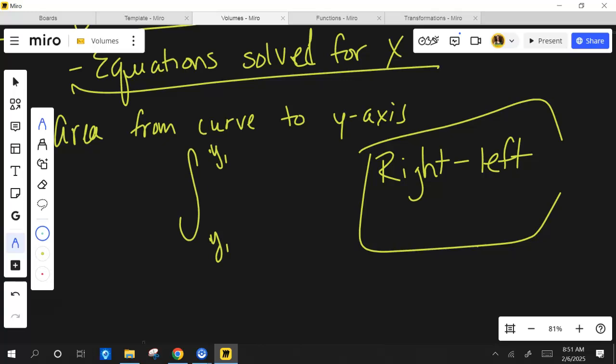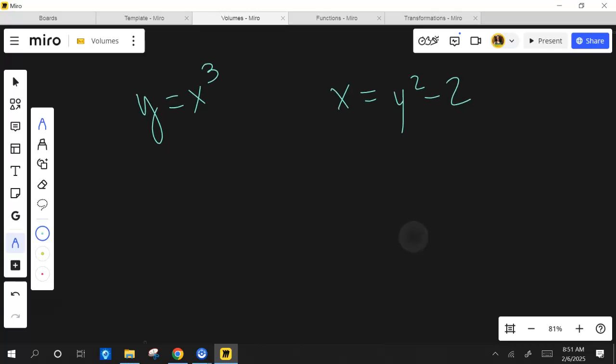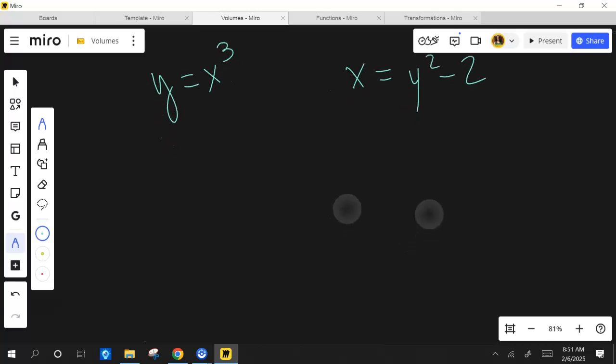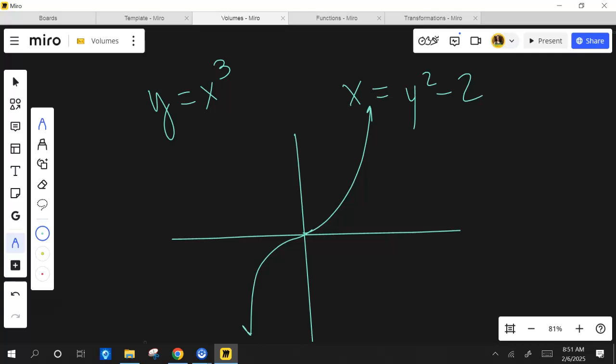You've got to decide which one is going to be easier to solve for, x or y? Let's look at what each one looks like. y equals x cubed, that one's easy.